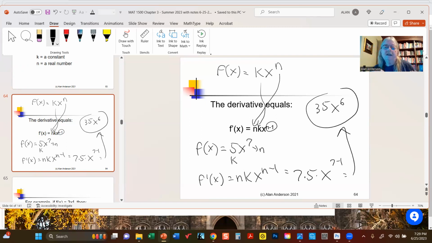So in other words, again, all you've done is multiply the entire expression by what was the original exponent, and then you subtract 1 from the exponent. So we'll get a lot of practice with this one. This one shows up all the time. It's something we'll see quite regularly.